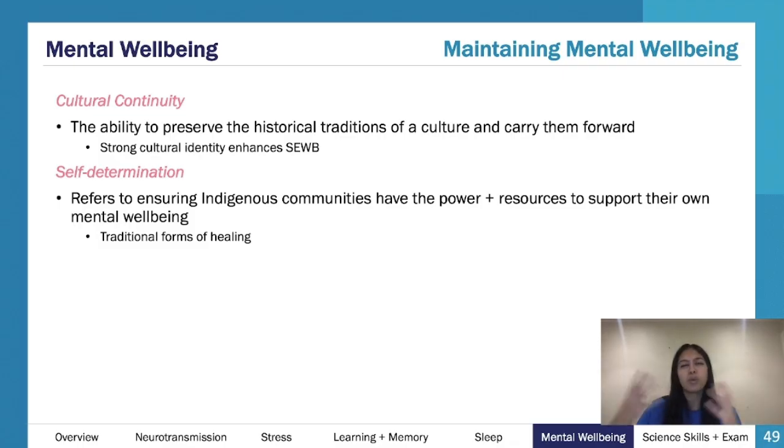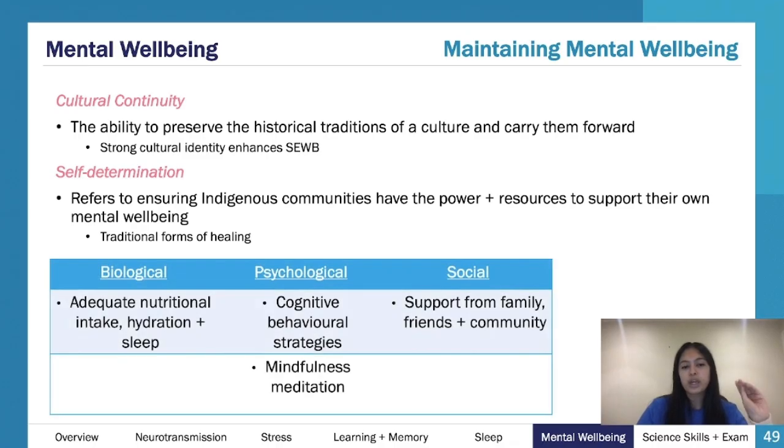So this idea of welcome to country ceremonies, traditional forms of healing, lots of other different examples that allow First Nations communities to preserve that culture and to engage in behaviors that allow this maintenance of mental well-being that maybe aren't so heavily emphasized in typical Western medicine or Western systems. So that's very important as well. On top of that, looking again at your biopsychosocial approach, super, super important in this area of study.